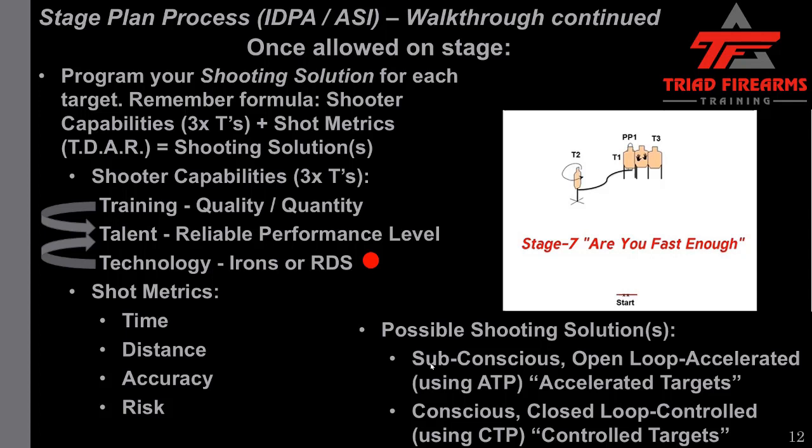Visually, we have to reference our iron sights to obtain needed alignment, then place the sights on a specific point of the target. Using a red dot, you remain target focused, which again is a huge advantage in visual processing speed. Targets engaged with closed loop are referred to as controlled targets.